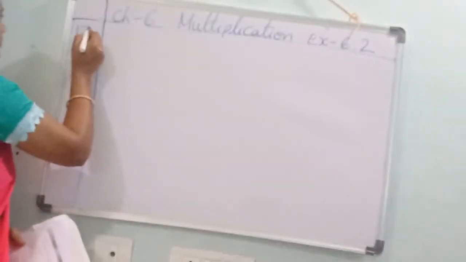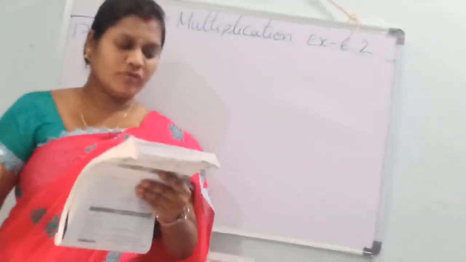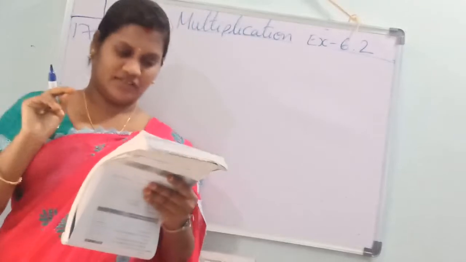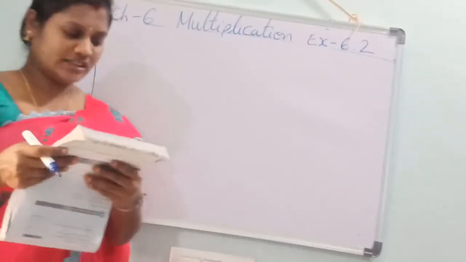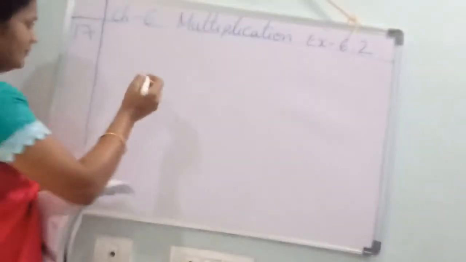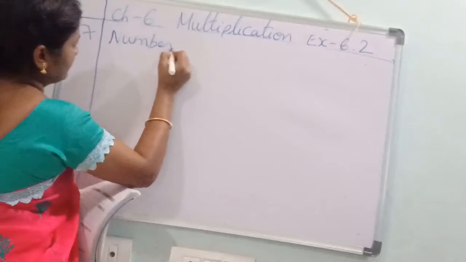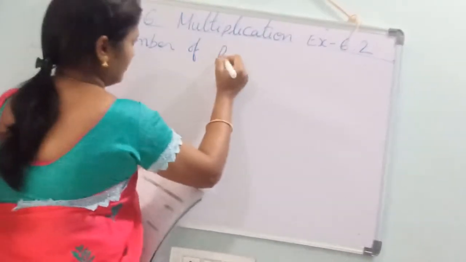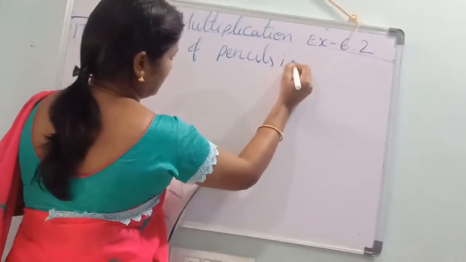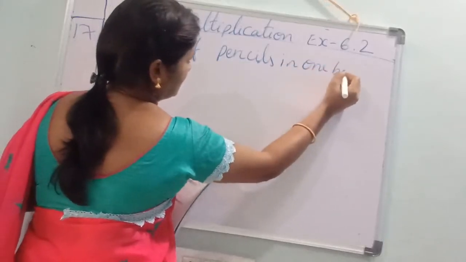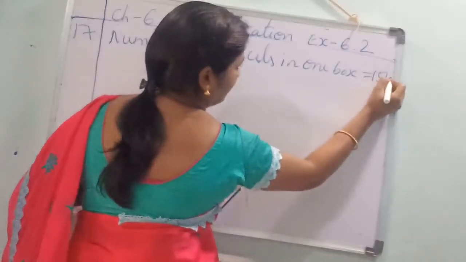Solution. A pencil box has 154 pencils in it. How many pencils would be there in 4 such boxes? See, number of pencils in one box is equal to 154.